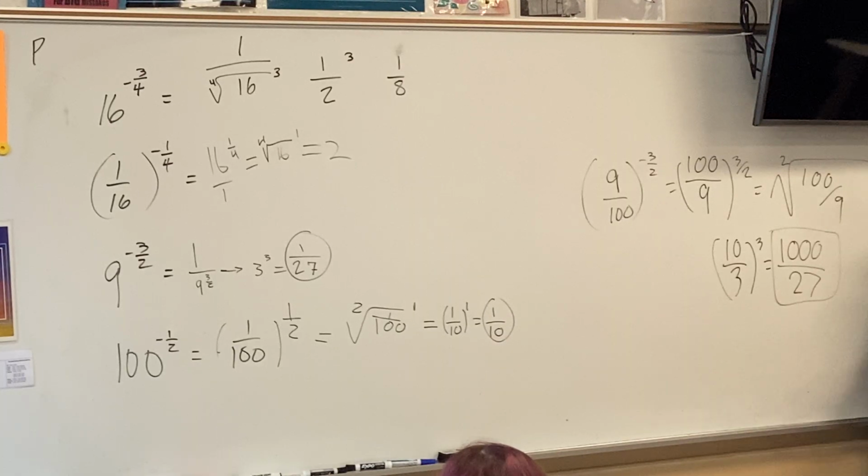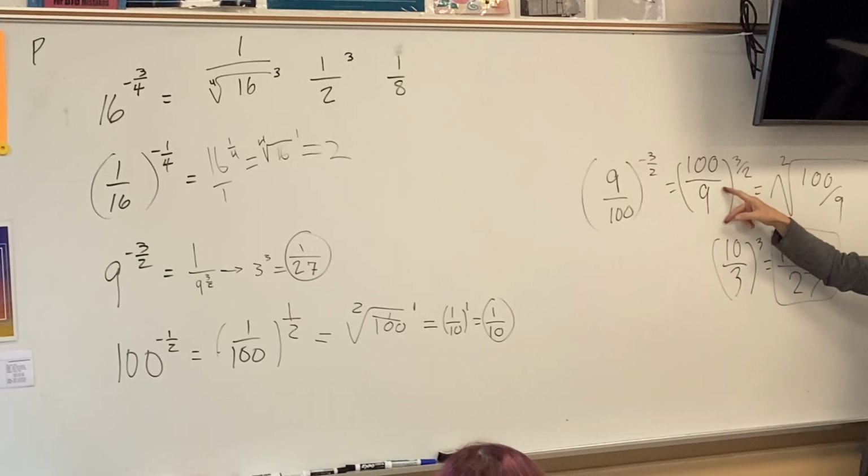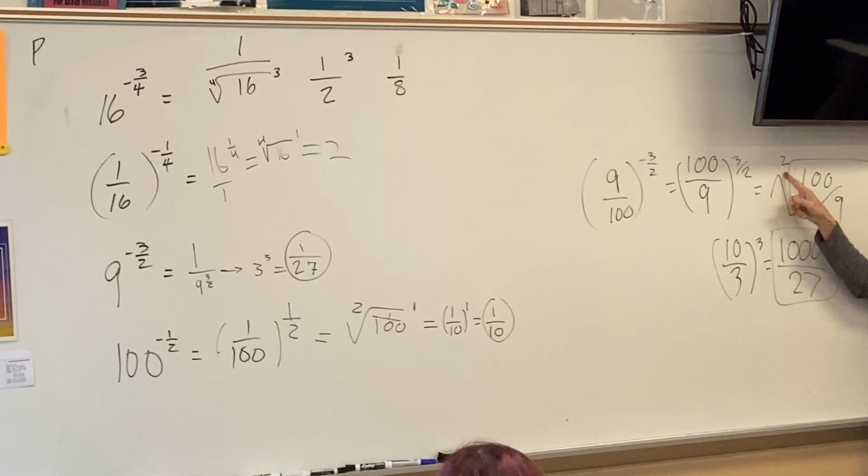Okay, so first of all, we flip the fraction, so that should make sense to you. It turns over, and it's the 3 halves, which means the square root cubed. What is the square root of 100? 10. 10 times 10 is 100.